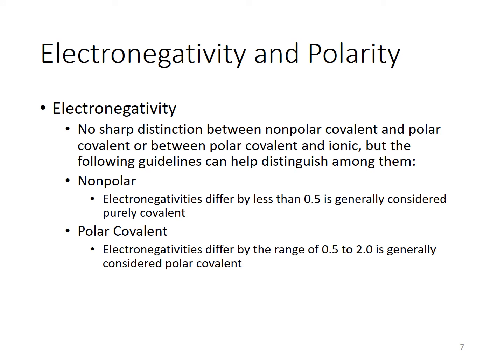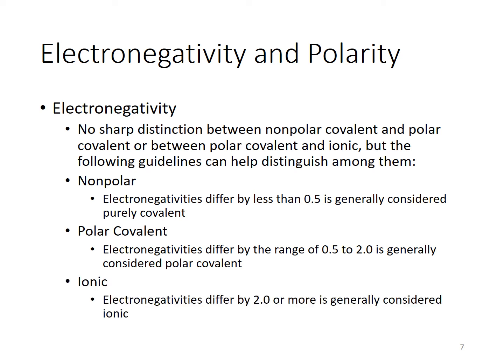Next, we have polar covalent. We say that this is when electronegativities differ in the range of 0.5 to 2.0. We call those polar covalent bonds if we're using this electronegativity definition. And lastly, ionic: electronegativities that differ by 2.0 or more are generally considered ionic. Of course, this goes hand in hand with your prior understanding of what an ionic versus a covalent bond is.